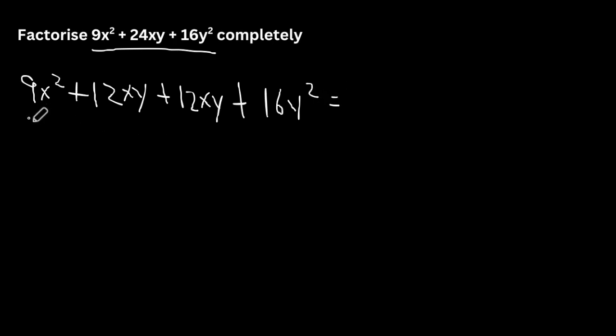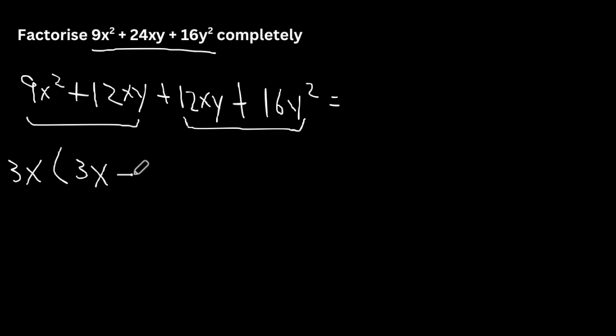So let's try to group these two parts of the equation. 9x squared plus 12xy gives me, the commonality between these two will be your 3x. So take out 3x, and what I get left is 3x in the middle, because 9x squared divided by 3x gives me 3x. 12xy divided by 3x gives me 4y.